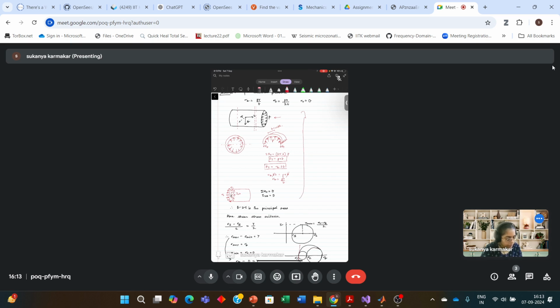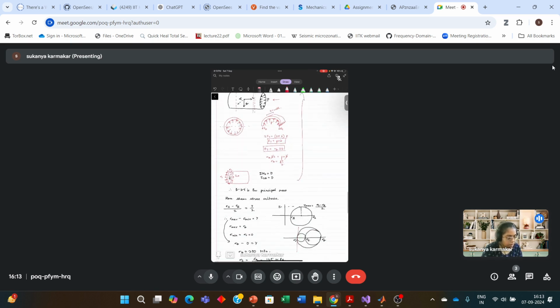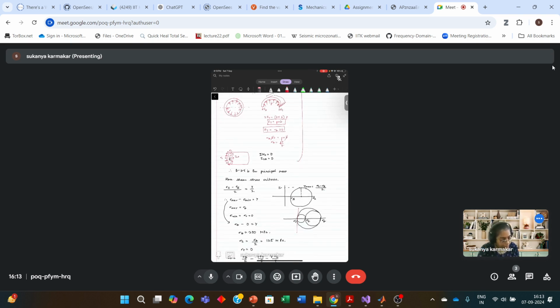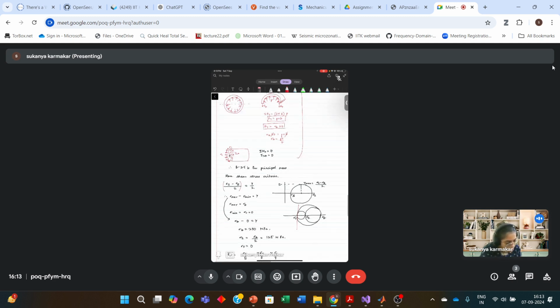Now this exercise was done to locate the principal axis, because without locating the principal axis you cannot write down the maximum shear stress. This is the maximum shear stress, and that is equal to the maximum shear stress when the material is under uniaxial tension.